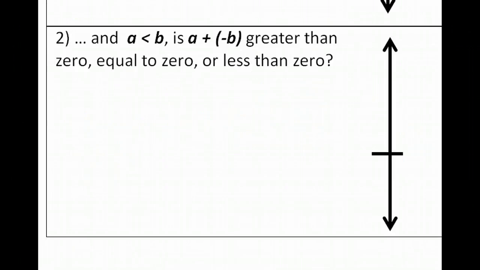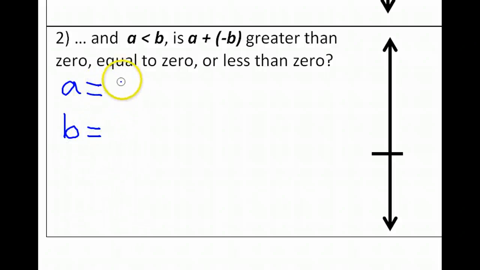So I just cleared my screen. Once again, A and B start as positive. We're being asked, if you have a number A that's less than some number B, and you take A, whatever A is, you add negative B, is your answer greater than 0, equal to 0, or less than 0? That's tough to understand, so just pick numbers for A and B. So they both have to be positive.